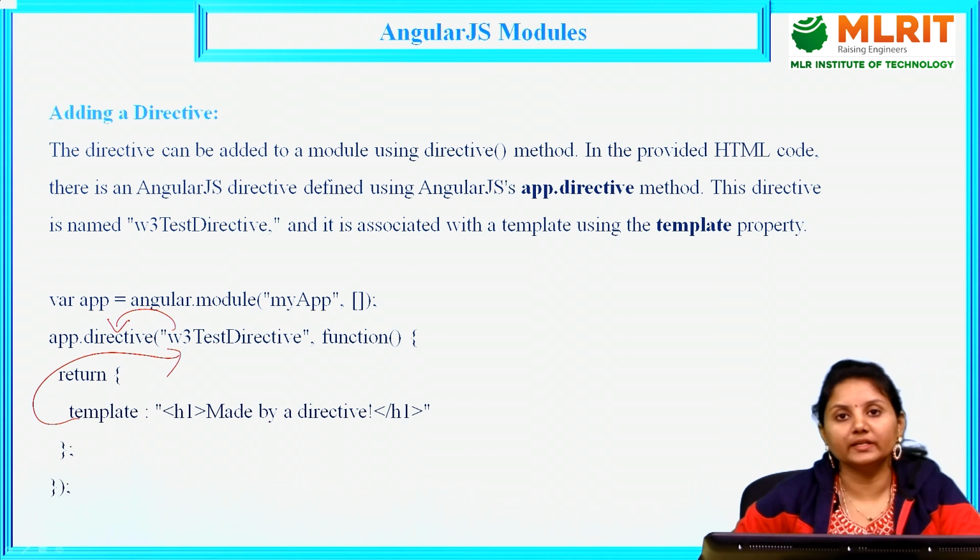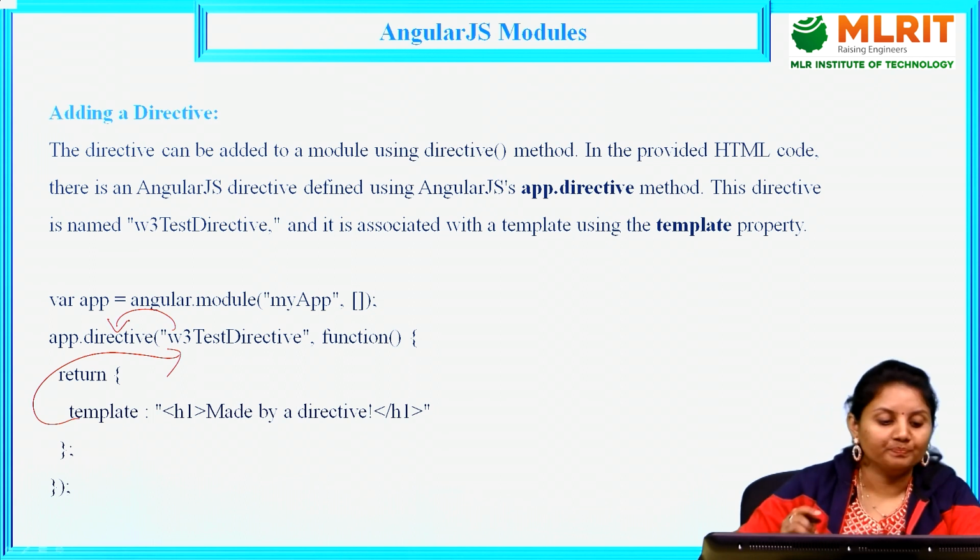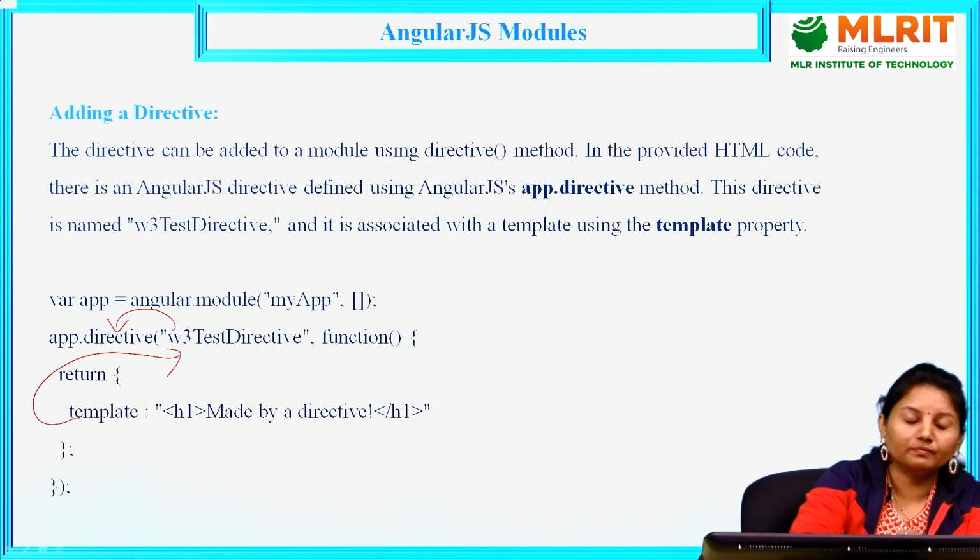So the first parameter of app.directive is the name given for the directive, to create your own directive, and the logic or whatever content you wanted to give, that business logic will be given under the template.